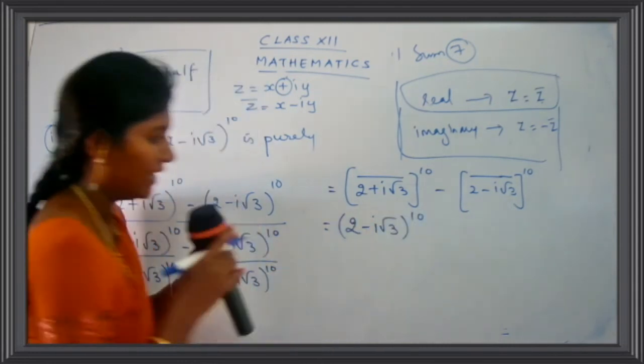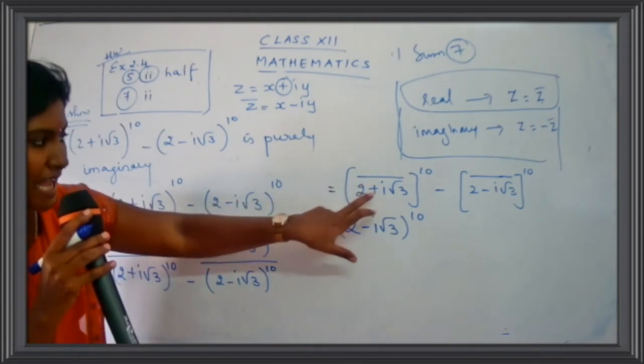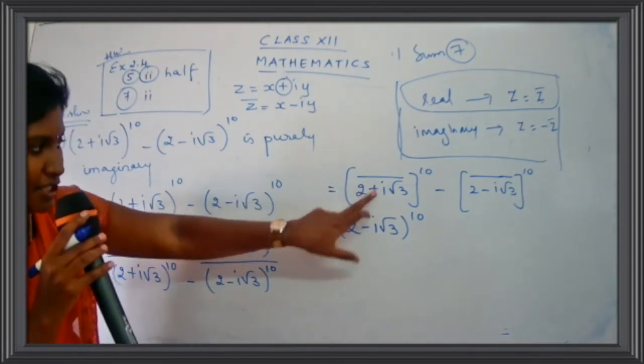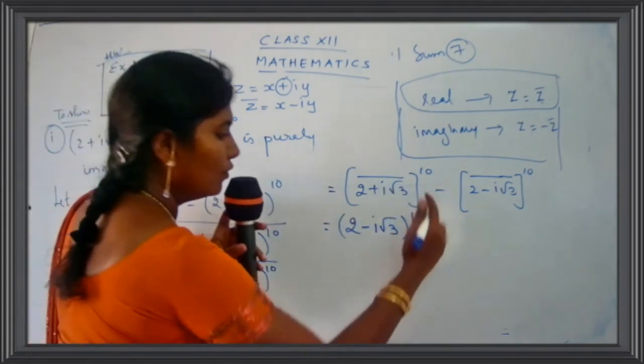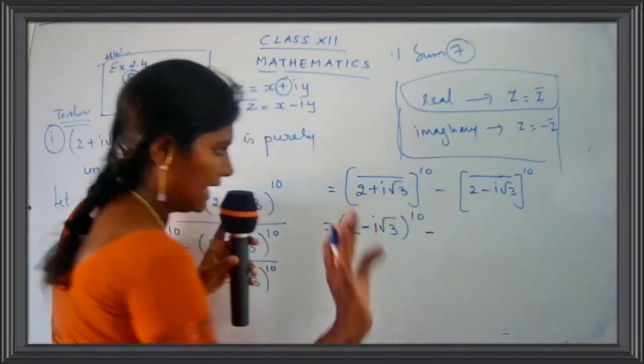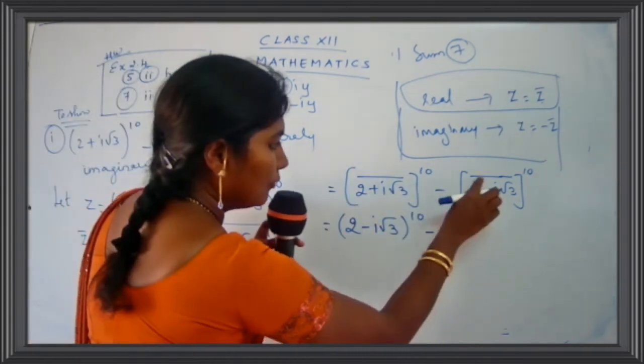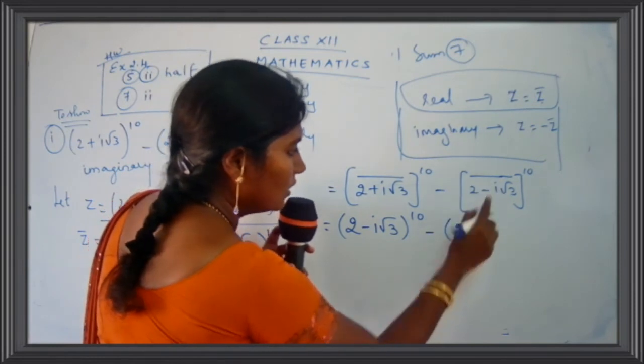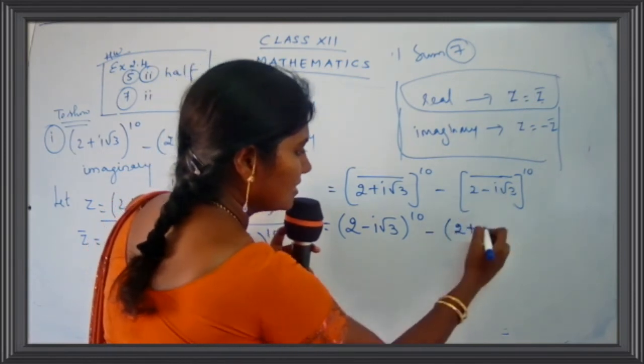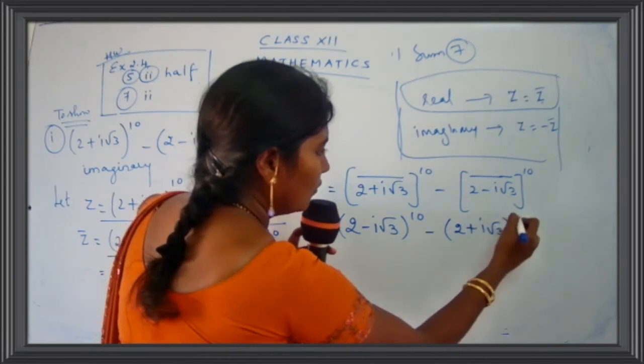The bar will go because we have changed the sign. The plus is changed to minus. Do not change anything over here. Write minus. I am going to remove the conjugate. So 2 minus will change to plus i√3 whole raised to 10.